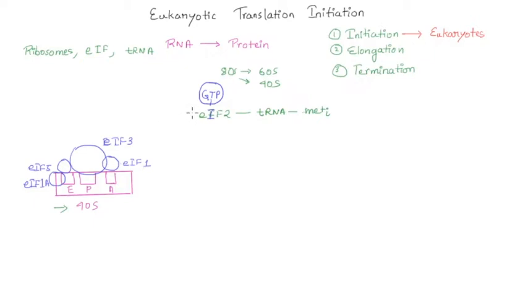Now, this brings the initiator tRNA and places it in the region of the 40S, which is supposedly the future P site. So the initiator tRNA is bound somewhere over here.